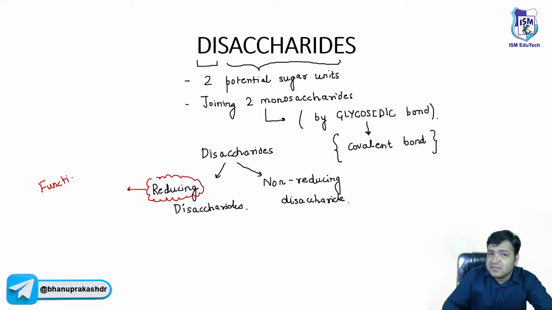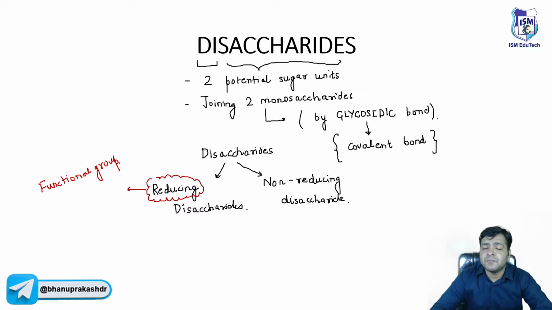It is CHO or C double bond O. If the aldehyde group, the functional group, is free and not taking part in any bond formation, then we call it a reducing disaccharide. If the functional group is participating in the bond formation, then it is non-reducing.